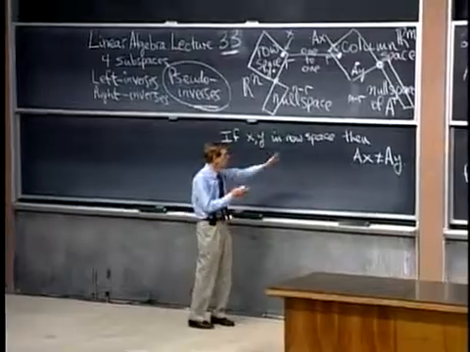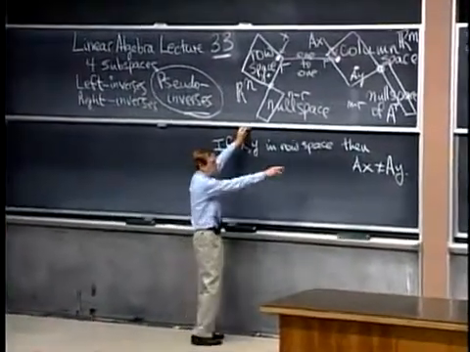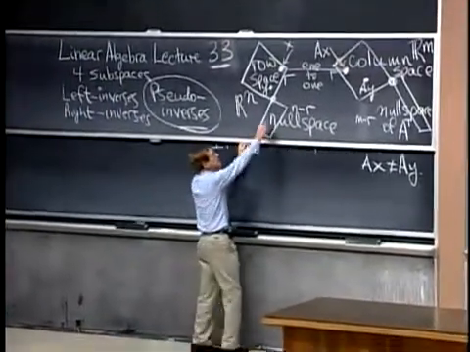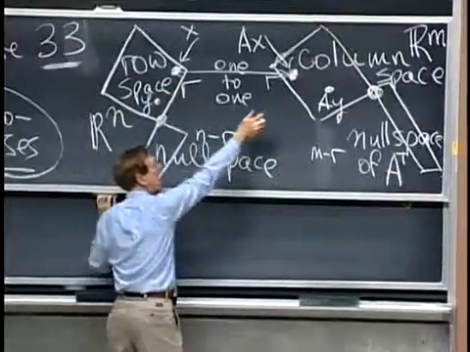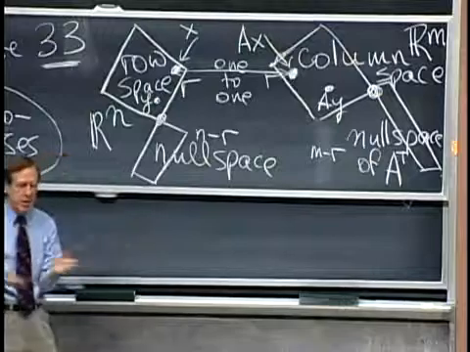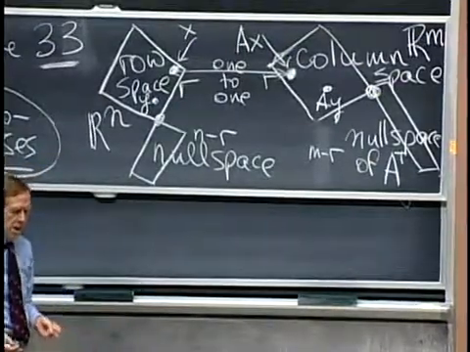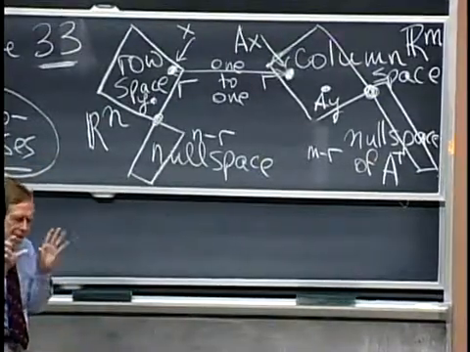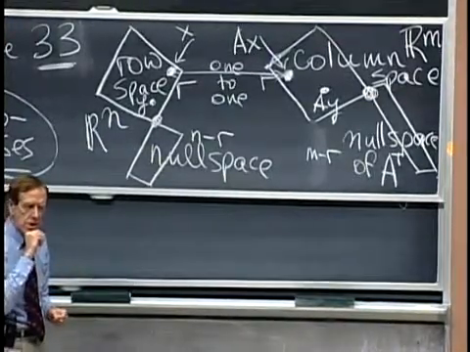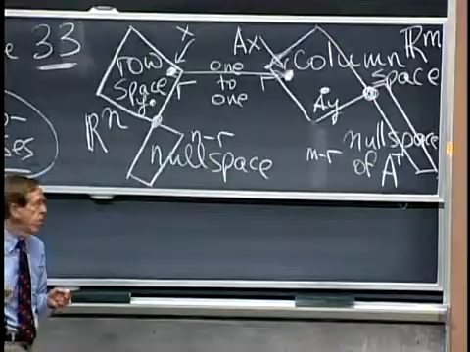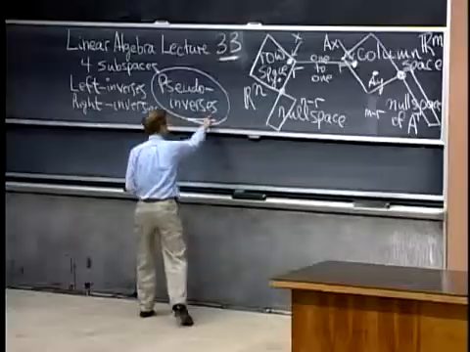And so what this means, in words, is that from the row space to the column space, A is perfect. It's an invertible matrix, if we limit it to those spaces. And then its inverse will be what I'll call the pseudo-inverse. So that's what the pseudo-inverse is.